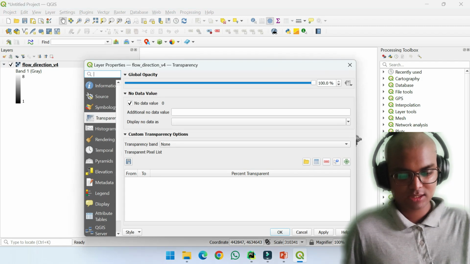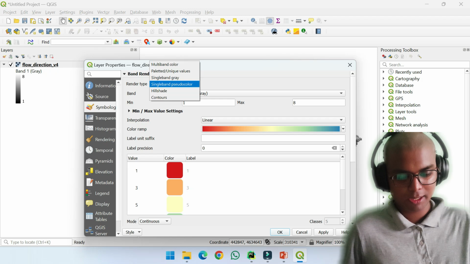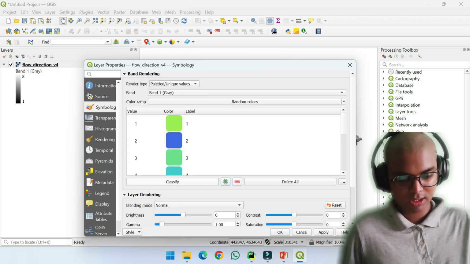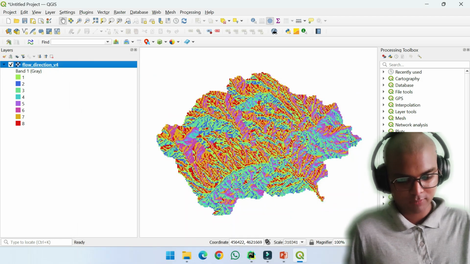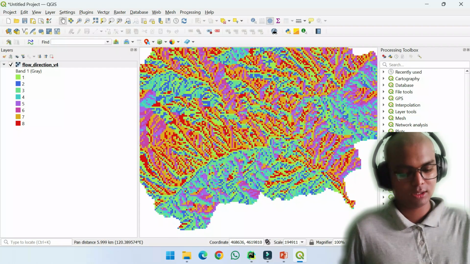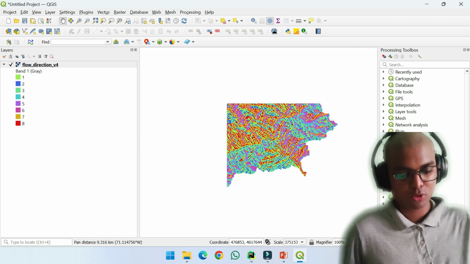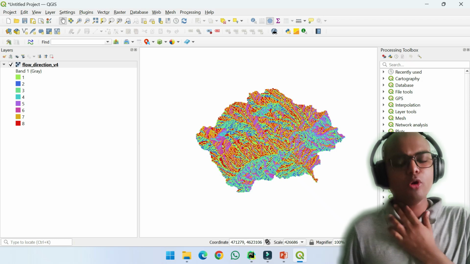So if we just do this and we are giving it into a color palette, we can classify the data, and if we see here, this is how the water is flowing, and this is the river in which the water is flowing. Because I'm working on this basin, I know where the river is. So this is how the flow direction code works, and it gives you the result of flow direction.